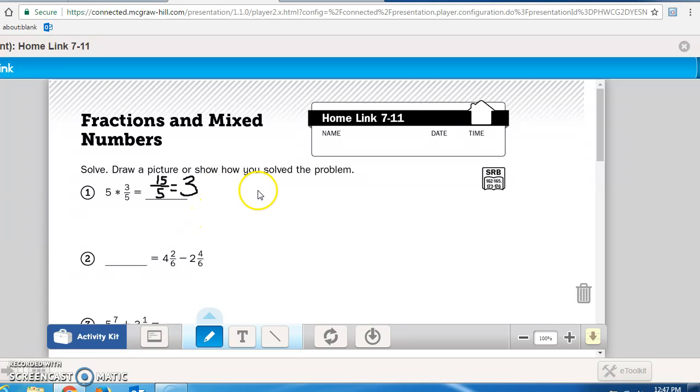Or I could have done 5 times 3 over top of my denominator 5, which again is just a different way to show that what I did was 5 times 3 is 15. My denominator again is 5. Pause the recording now, finish Math Masters page 286, and bring it up to me when you've completed it.